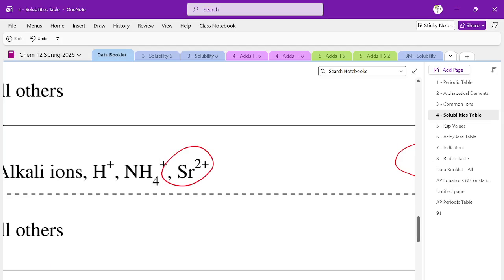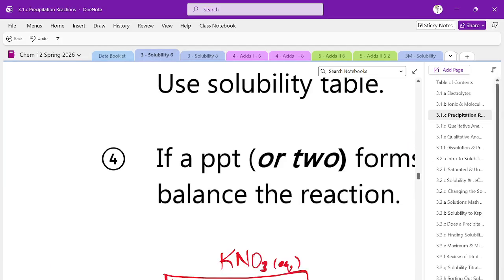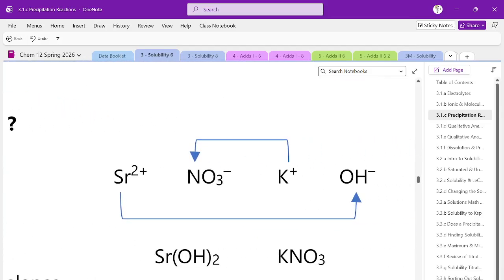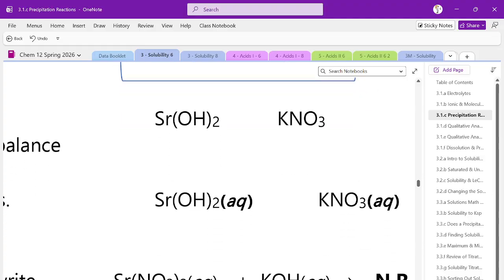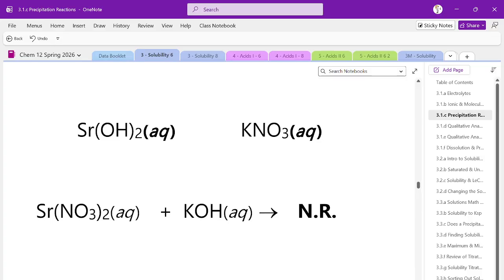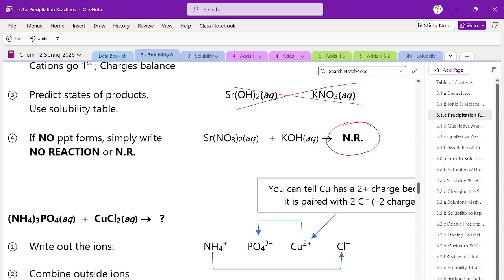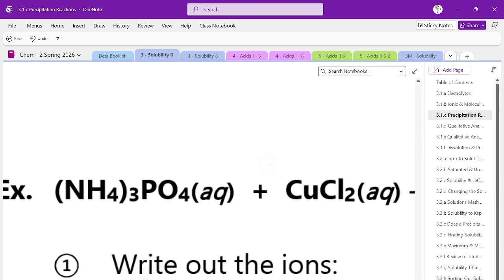So we get our product, strontium hydroxide, KNO3. They are both aqueous, so we actually should not write them as products. We should simply write NR, which stands for no reaction. If you did write the products, you can just cross them out. Okay?